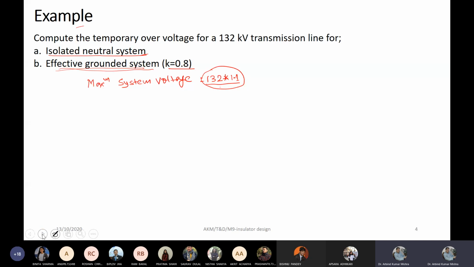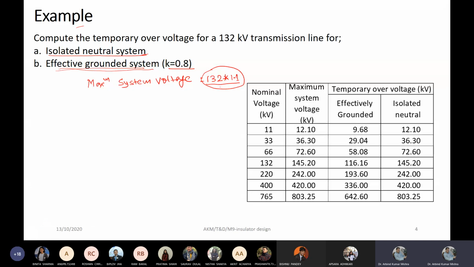So it's very simple. I have already calculated for you the different standard voltages from 11, which we use: 33, 66, 132, 220, 400, and 765 as the maximum system voltage. As you can see, beyond this we use just the 1.05 multiplier, for the effectively grounded system and for the isolated neutral system.